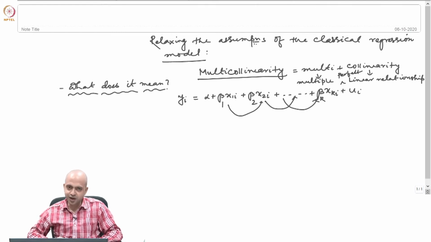So, literally, even though multicollinearity means multiple perfect linear relationships, when we estimate a model, even one such perfect linear relationship indicates the presence of multicollinearity.